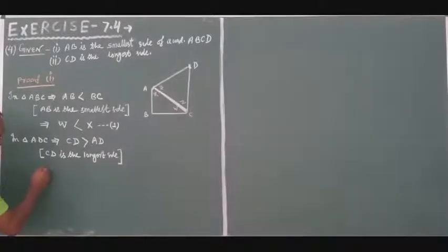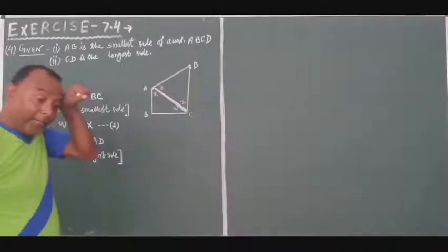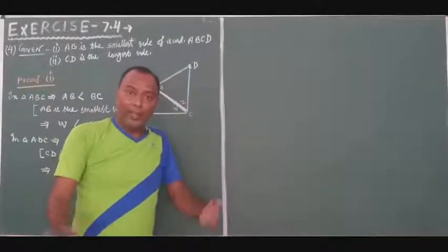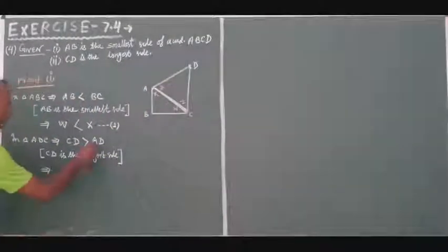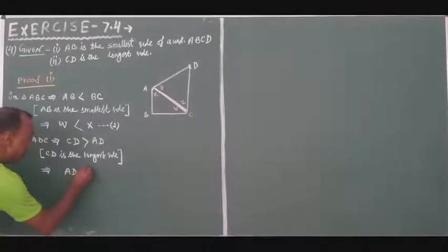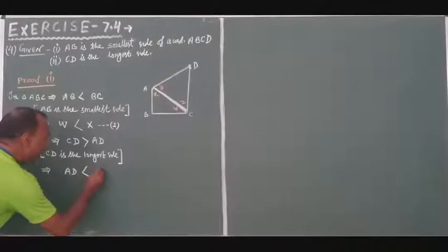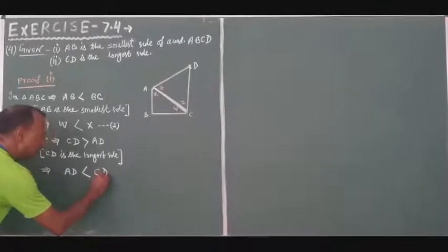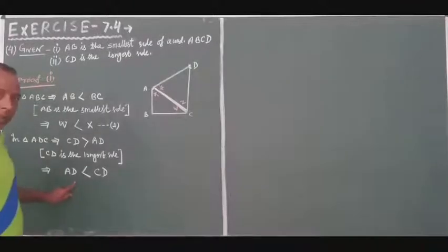Or we can say AD is less than CD. Then the angle opposite to the smaller side is smaller.